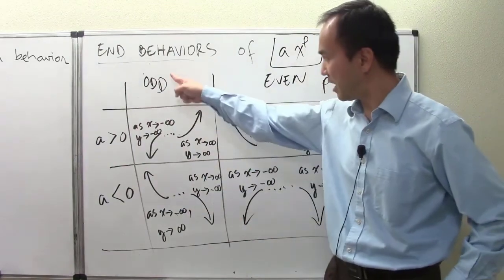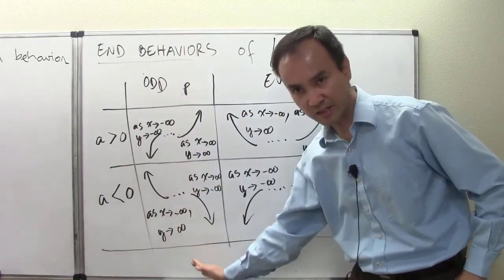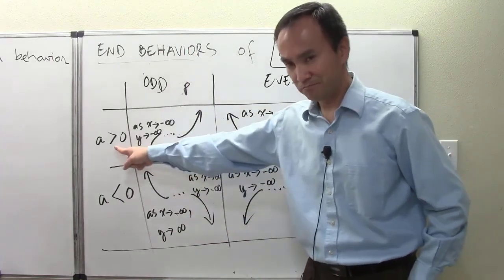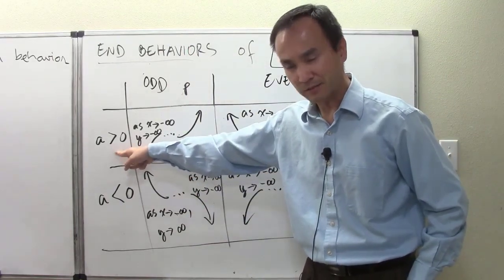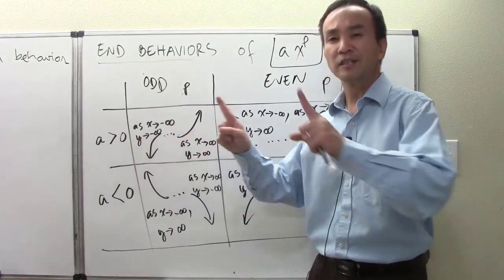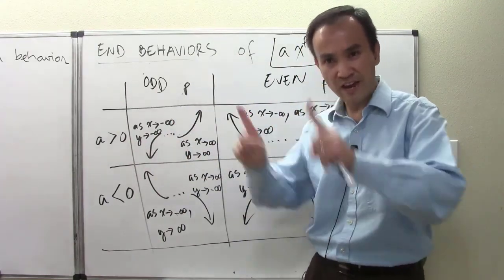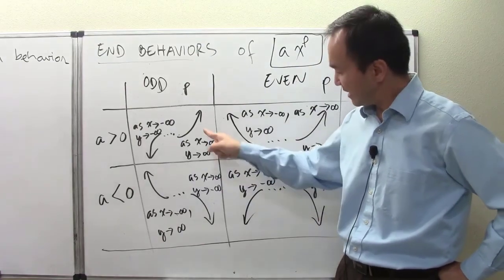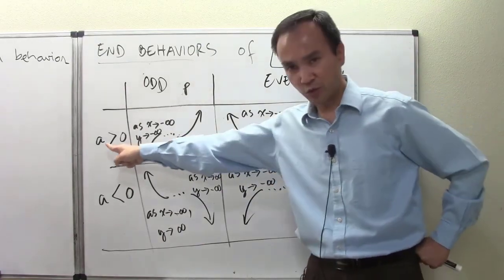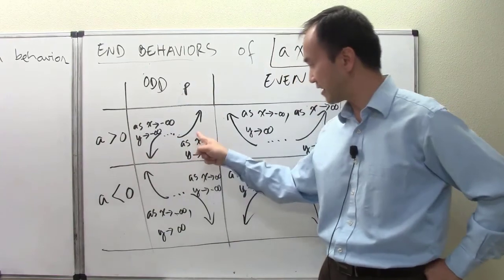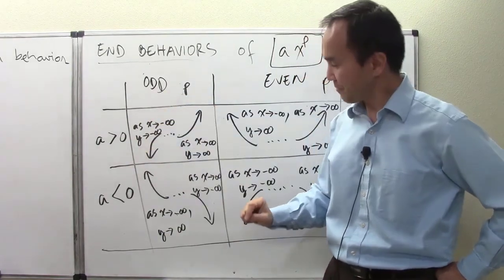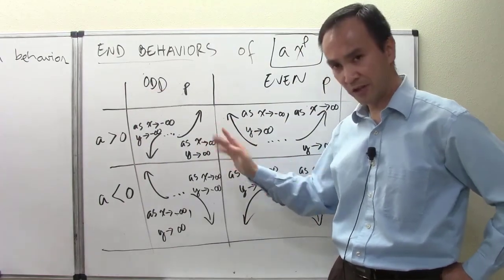Odd power takes us into this column of decision, and now the coefficient being positive, we know the two ends have to behave in opposite directions. More specifically, since we have a positive coefficient, the right end points up and the left end points down. So in that picture, we have a clear answer.